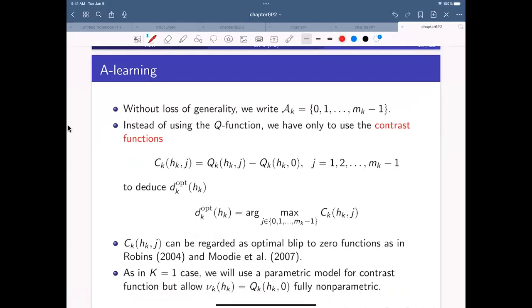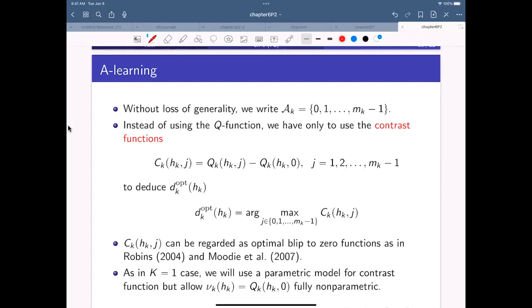Remember what A-learning was? We use the contrast function. So A equals 0 is the baseline control group, and then we just make the comparison. The difference from the Q function of the baseline control group is the contrast function, and instead of maximizing the Q function, we propose to find the maximizer with a contrast function.